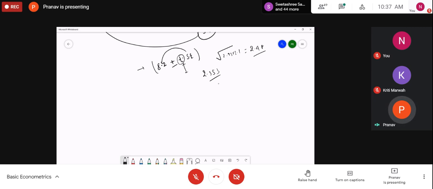So if I actually talk about the 90% confidence interval, that will be the interval for the sales revenue when advertising expenditure is 600 rupees per month.